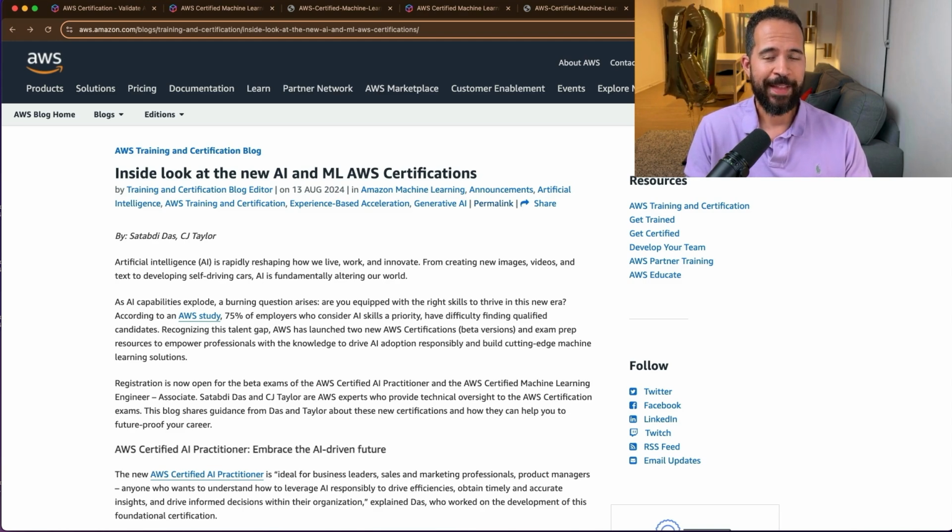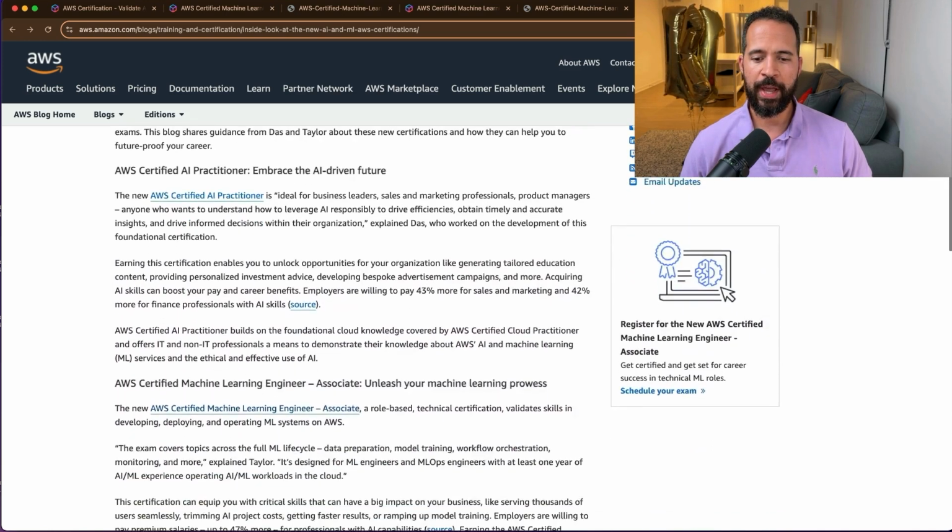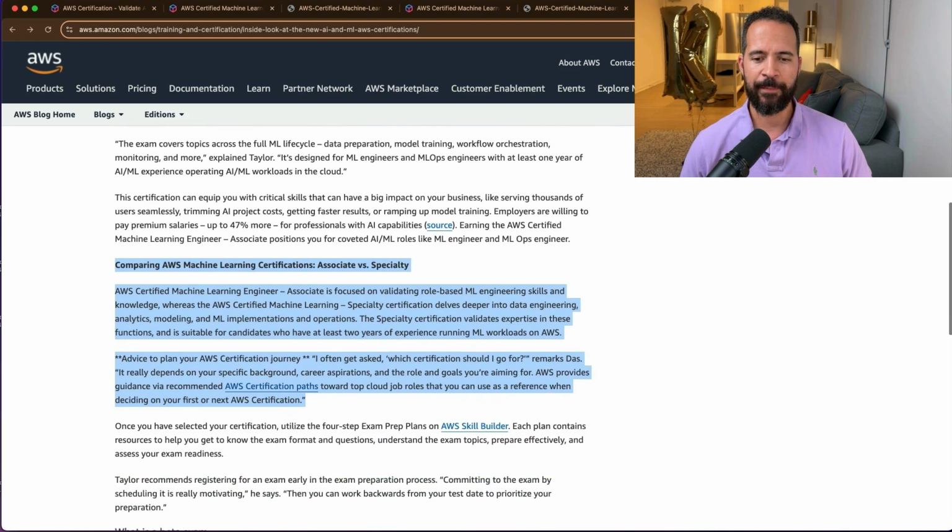And to do that, I'm going to point your attention to 3 different resources, starting with this blog here, Inside Look at New AI and ML AWS Certifications. Now, we're going to scroll down here to about midway, and there's a section called Comparing AWS Machine Learning Certifications, Associate versus Specialty.